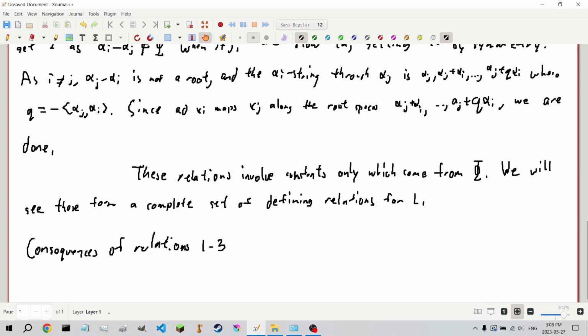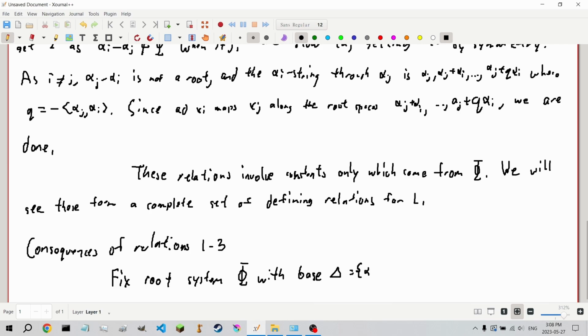We're going to pick a root system, I'm guessing an axiomatic one, Φ with base Δ, consisting of α_i for i from 1 to l.